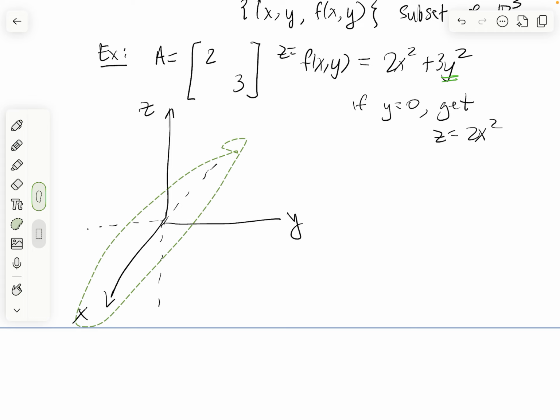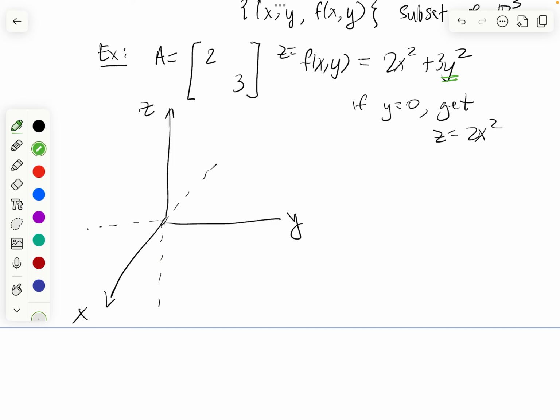So you're going to get this parabola 2x squared, like this. It's going to look like that.